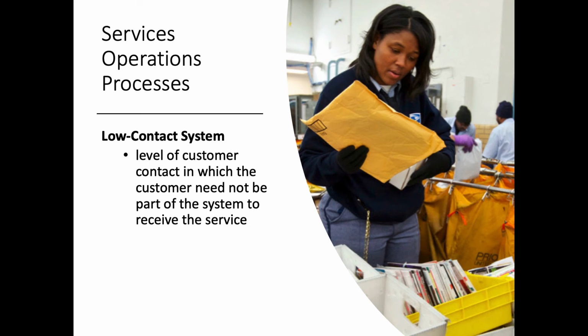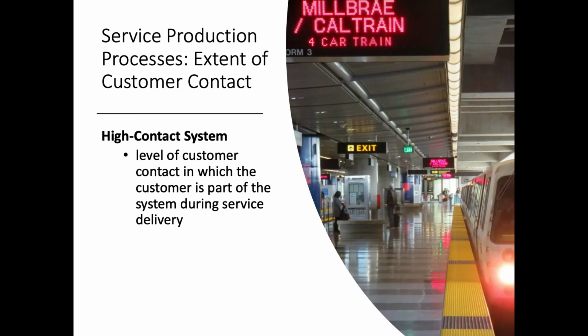This is different than, for instance, a service production process with a high level of customer contact. You see the definition there: a level of customer contact in which the customer is part of the system during service delivery. And you see here a photograph of an example of our BART train system. Those of us who have ridden BART know that's actually a marvelous photograph, because most of the BART stations I go to, the floors aren't so clean that they're just shining and reflecting the light, are they?